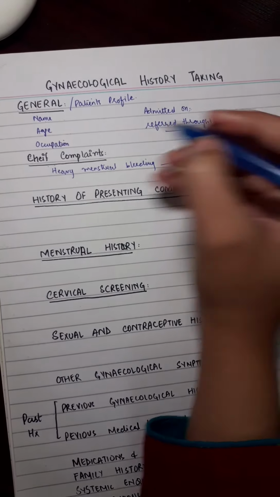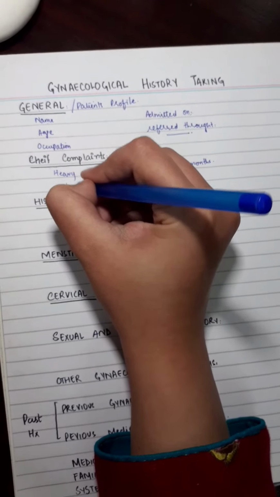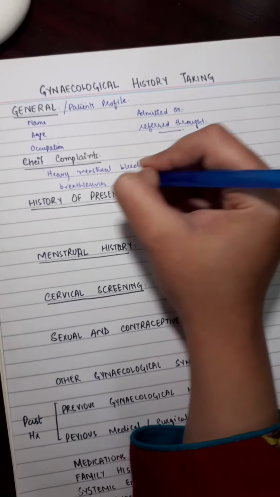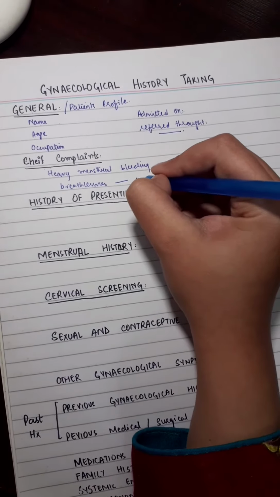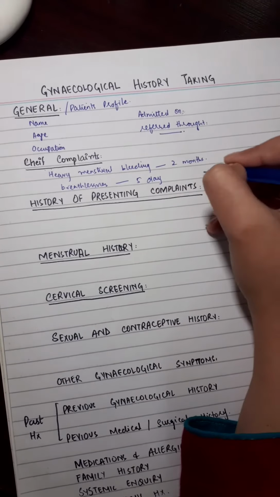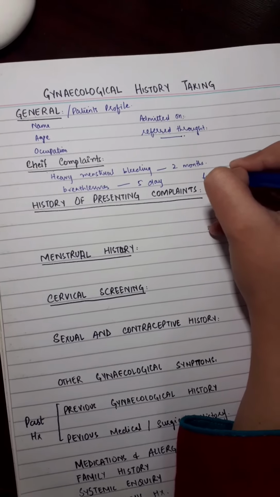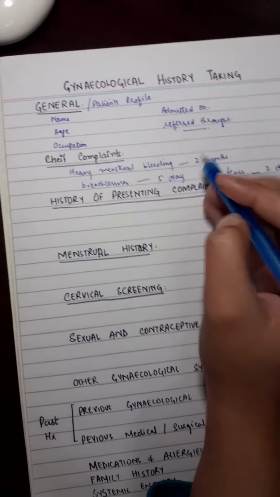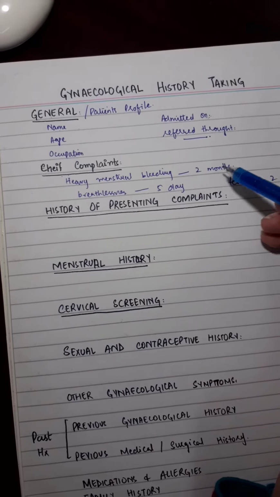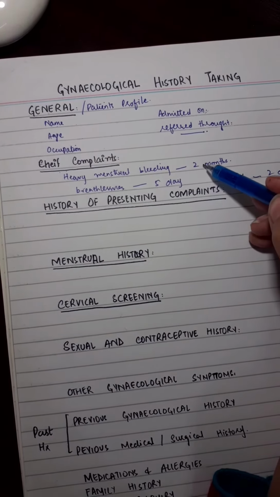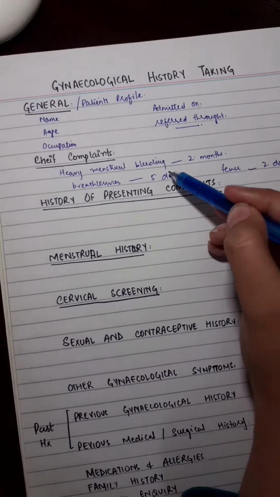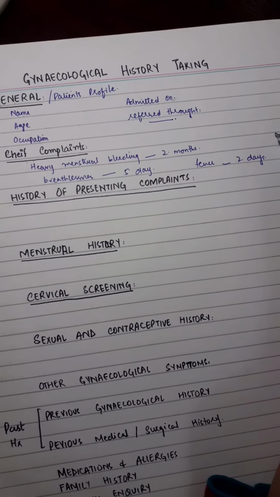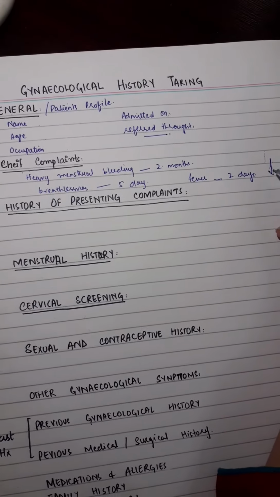And she also presented with breathlessness from past 5 days, and she's also having fever from past 2 days. So you write it in chronological order, starting from the thing that started at first, then the second one, and then the third one in the decreasing order.